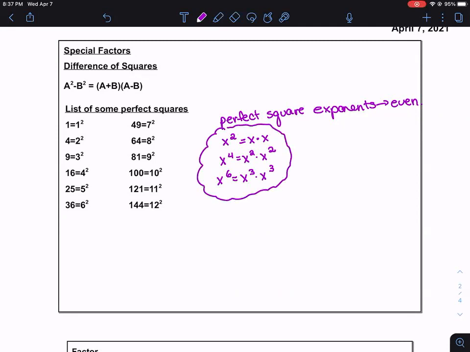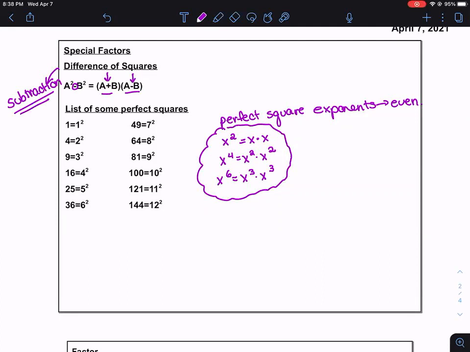I'm going to now tell you how this all comes into play. If we have a difference, difference is going to imply subtraction. So if I have a minus sign in between 2 terms that are perfect squares, they will factor into the same binomial. One will have a plus in between, one will have a minus in between. And no, the order does not matter.